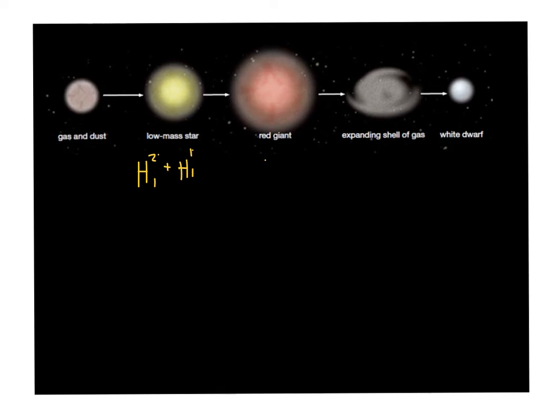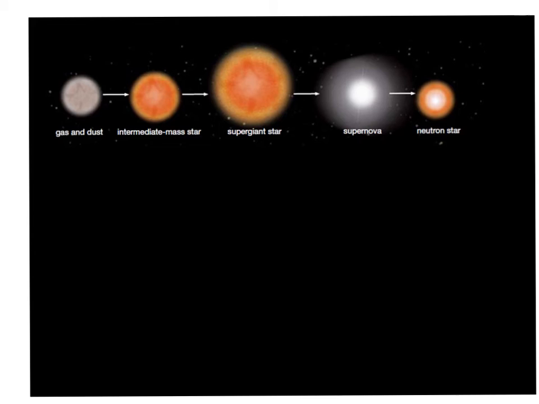Then in this red giant stage, it starts to expand and fuses together larger elements, and then it dies, and we end up with a white dwarf, which is kind of like a ghost of what it once was. If we have an intermediate mass star, it undergoes some of those same fusions, but then it undergoes the supernova phase.